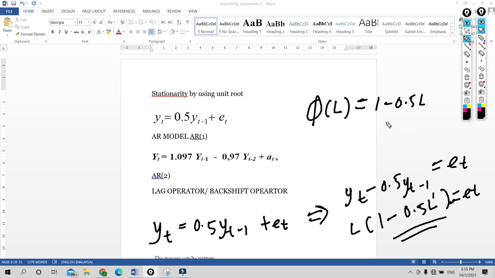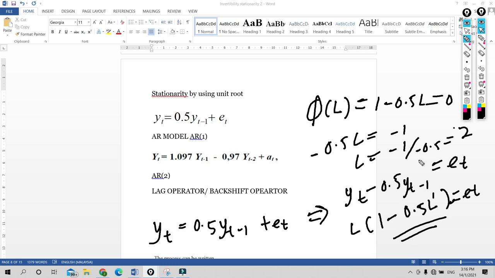So here you can find L. If I put here equal to 0, so 1 minus 0.5 L is equal to 0, negative 0.5 L is equal to negative 1. In other words, negative 0.5 L is equal to negative 1. Or in other words, L is equal to negative 1 over negative 0.5, which is 1 over half, equal to 2.